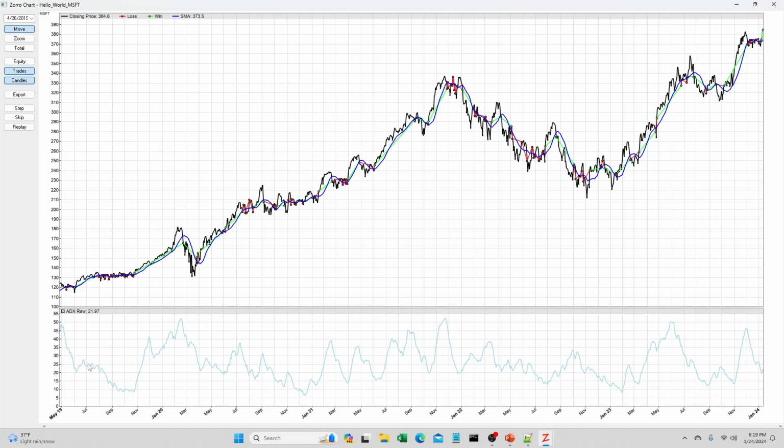Now, what I can see on this ADX chart is that it's very jaggy. It's like the price, right? These are unsmoothed curves. The price is not smoothed and the ADX is not smoothed. So they are jaggy. And jaggy like this means that it may take some trades here, because as you can see, the ADX fluctuates around 25 here.